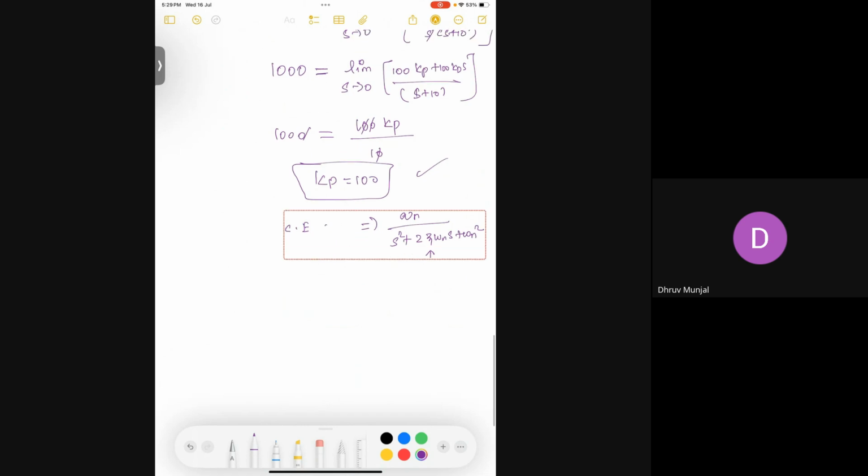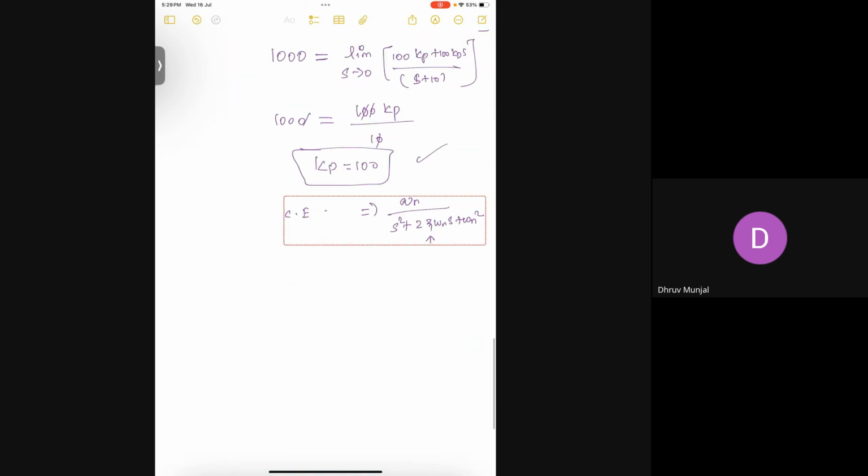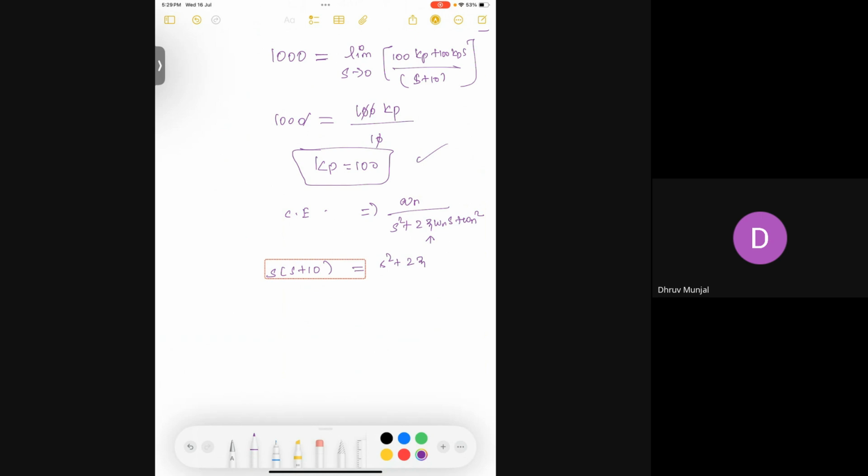So if you write this closed loop transfer function in terms of this, you will get the denominator compared to this. So s into s plus 10 will be in the format of s square plus 2 zeta omega n s plus omega n square. So this will be s square plus 10s plus 0 equal to 0. This is your characteristic equation.